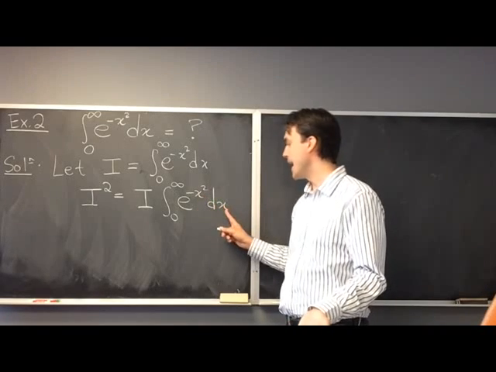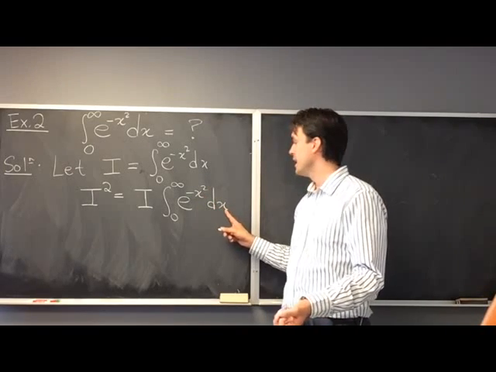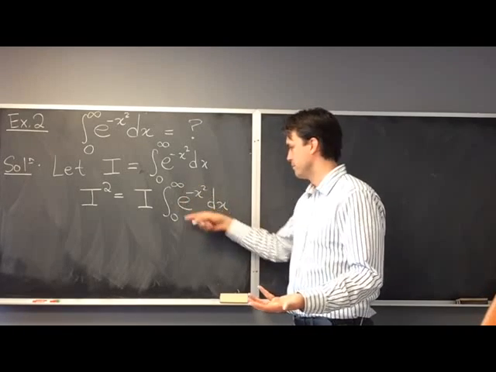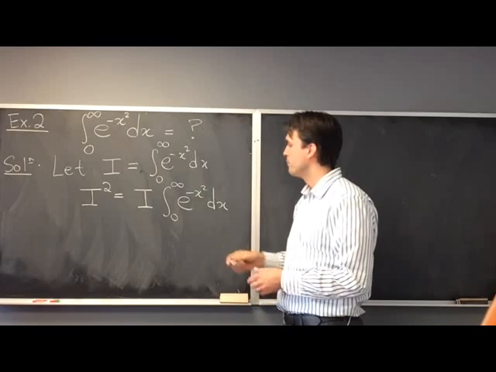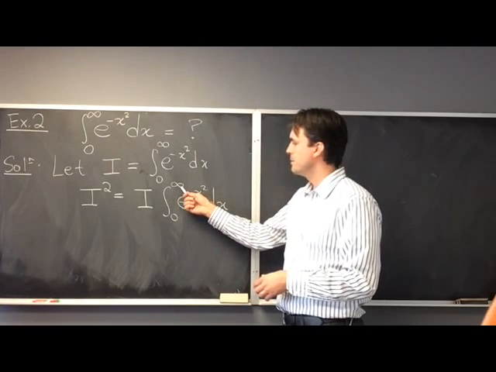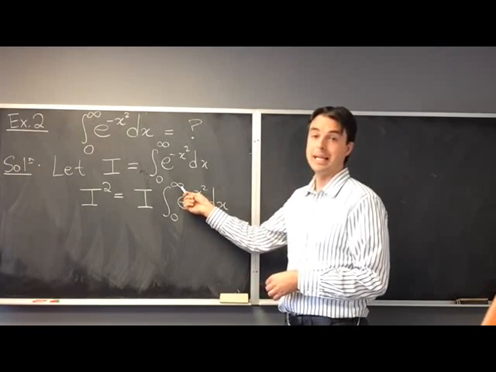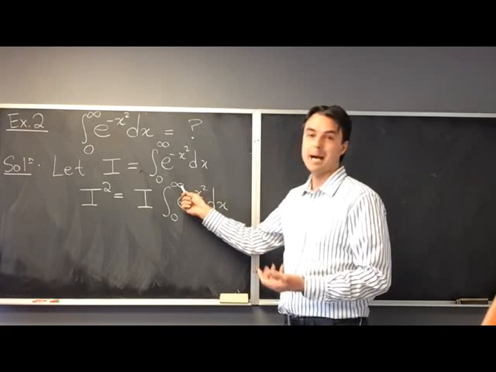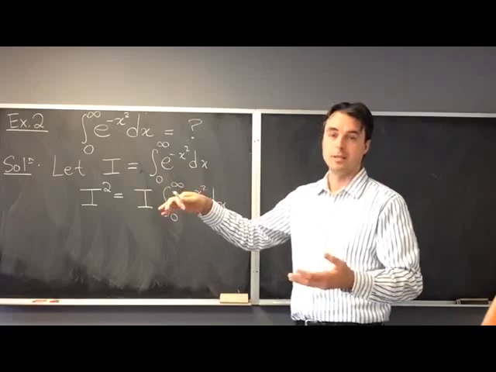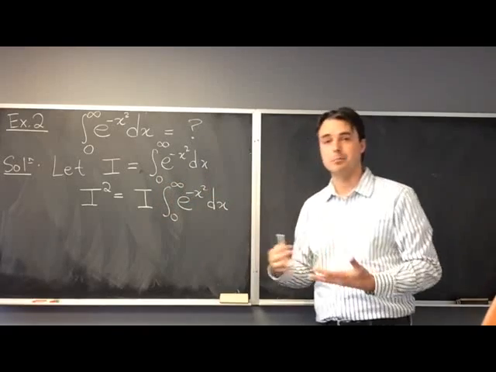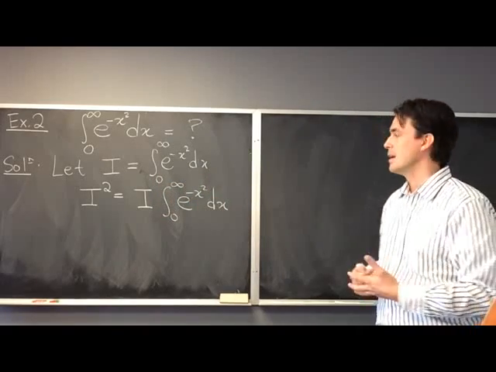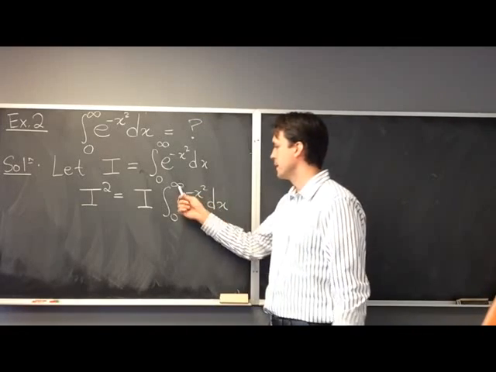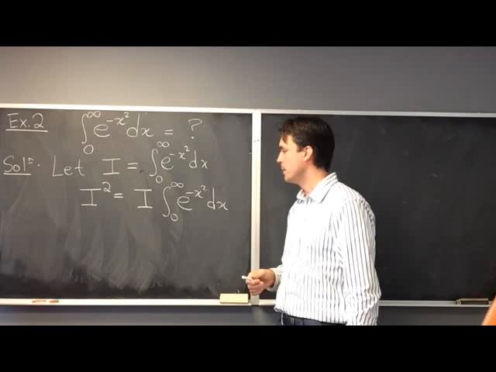We could change that to any letter we want, and it would still give you the same value, because you're plugging in the endpoints. And of course, you'll see me today write infinity when really what I mean is some number, say capital R, with the limit as R approaches infinity in front of it. So I'm going to be a little bit sloppy that way to save space and time by just putting the infinity in the upper endpoint.